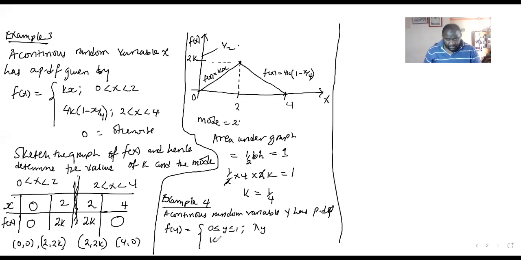Then from 1 less or equal to y less or equal to 3, it has lambda. Then from 3 less or equal to y less or equal to 4, it has lambda into 4 minus y. Then 0 otherwise.